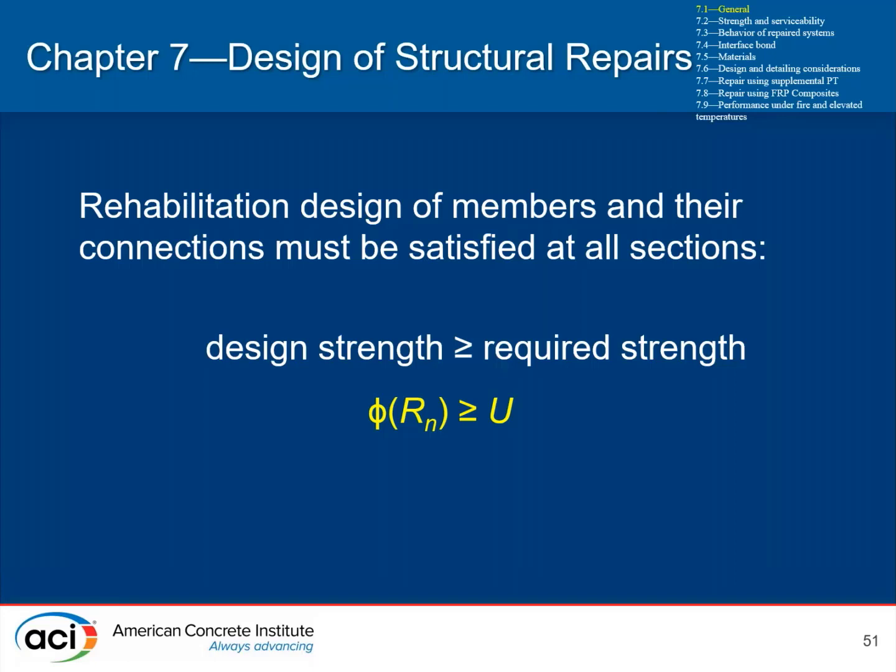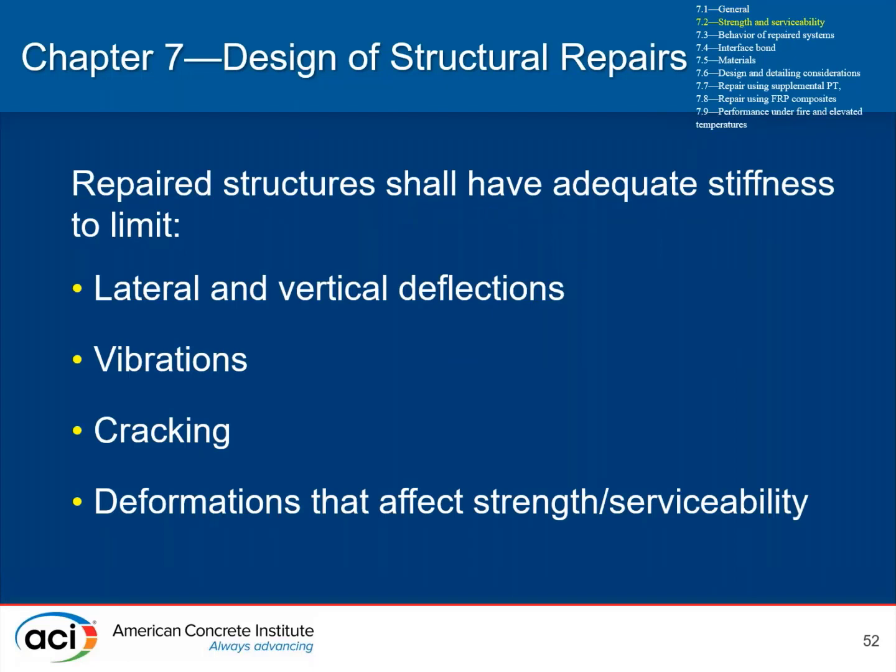And so this is something that has to be satisfied within all sections during a repair process. The repaired structures, obviously, in repairing a structure, generally speaking, some things are being changed.